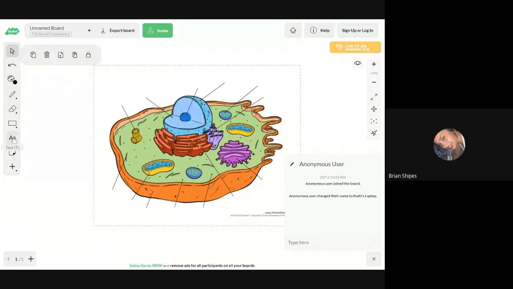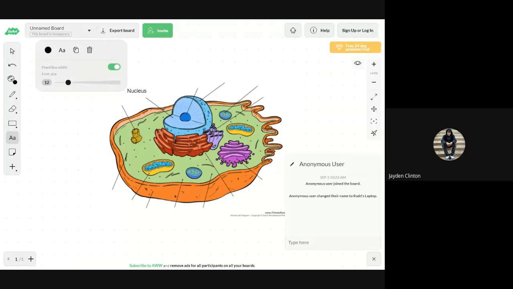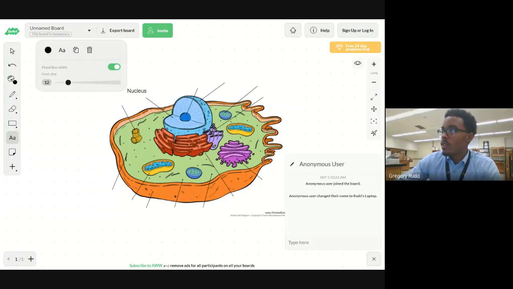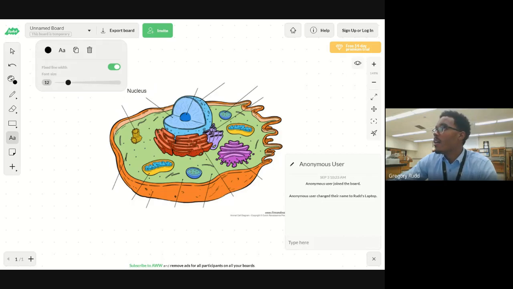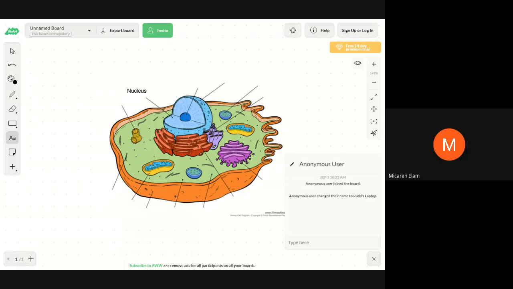Okay. Vesicles. Good. Do you know where the vesicles are? No, I just know one of them. Okay. There's not really, I don't see a line pointing to any vesicles, so I'll just put it here.